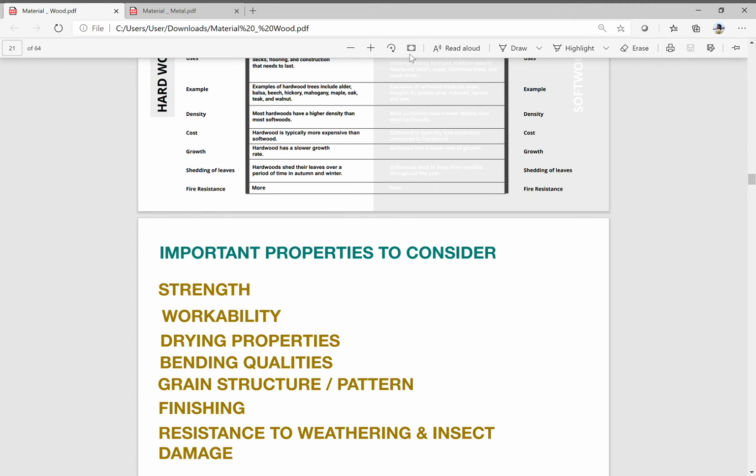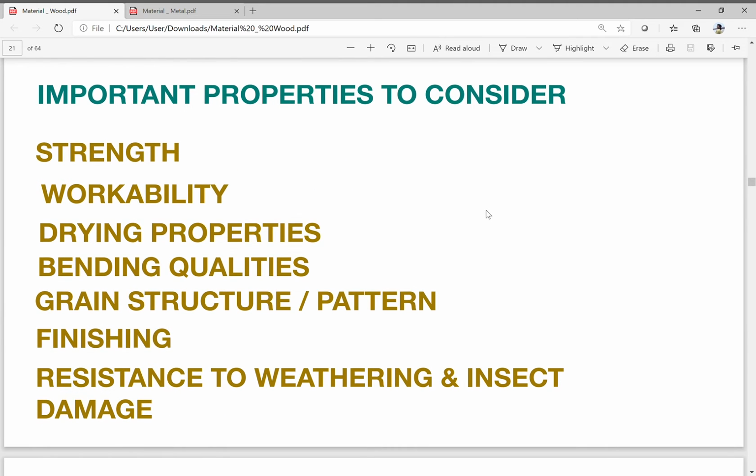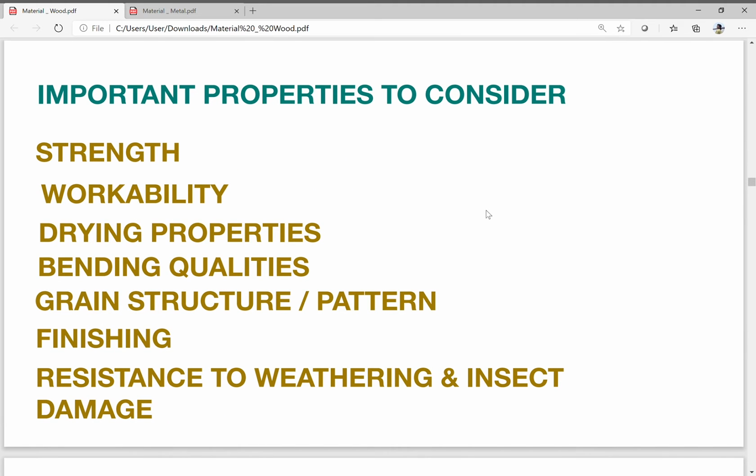These are the important properties that you have to consider when selecting wood. You have to define the strength, whether it will be for construction or structural architecture, and whether it should resist weathering.